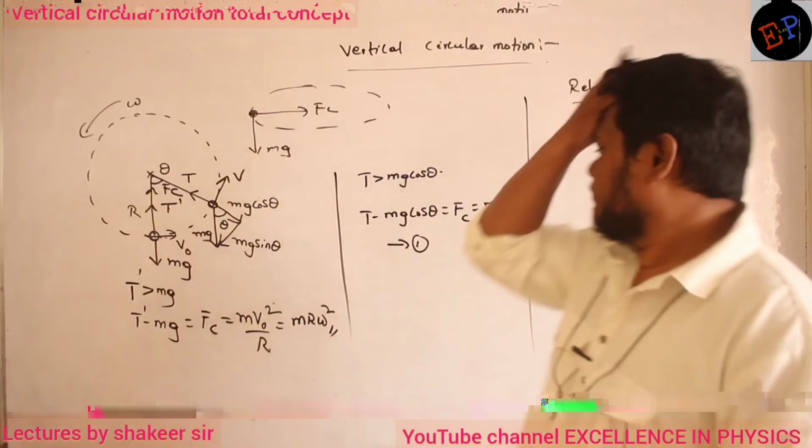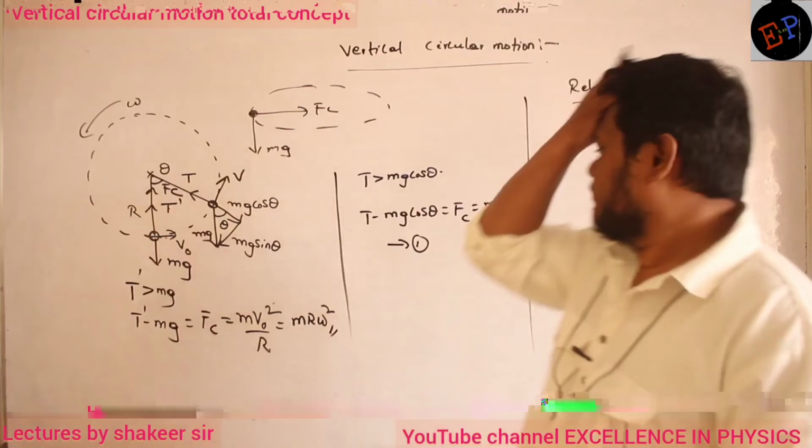After reaching 133 degrees, the tension will become 0, and here normal reaction will become 0. Understood? That means that after the body reaches this point, when the total angle is 133 degrees, velocity is not 0, but normal reaction will become 0.